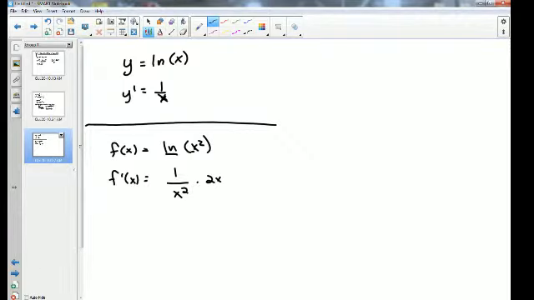It's right there. You have to copy the inside. Where the x usually goes is where you copy the inside. If the inside was x squared plus 2, the bottom would be x squared plus 2. Can you simplify that? 2x over x squared, so it'd be 2 over x. There we go. All right, so that's chain rule with natural logs.